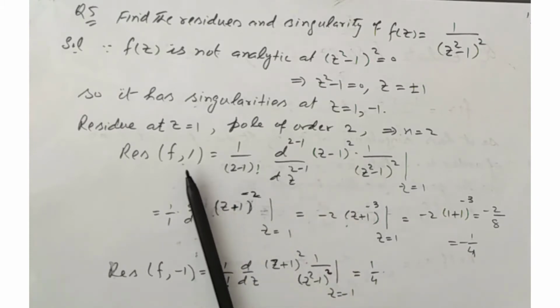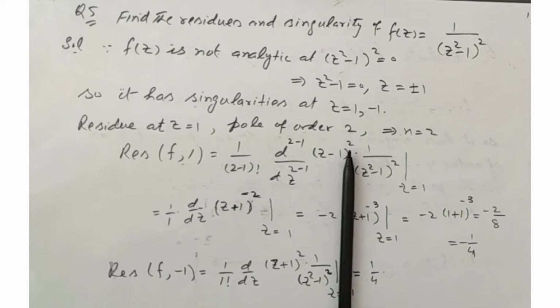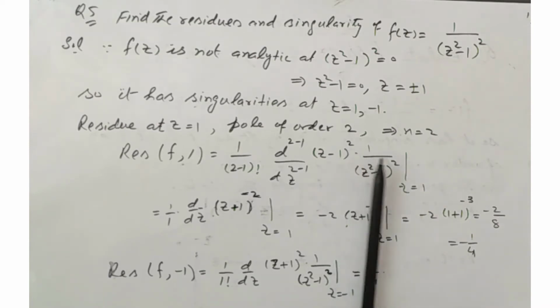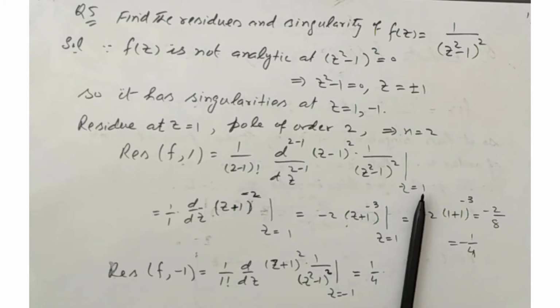The value of a is 1, so we say (z minus 1) square, and this 2 is the order of the pole. This 2 we write here, and this is f of z. F of z is equal to 1 by (z square minus 1) square at z equal to 1.